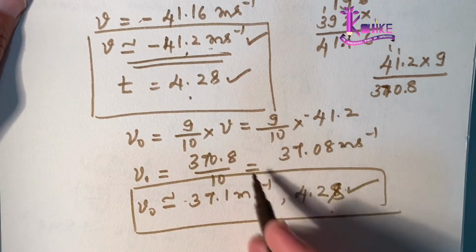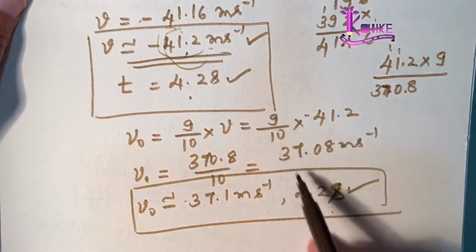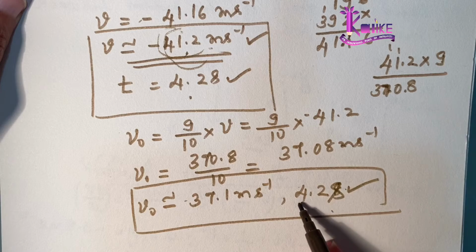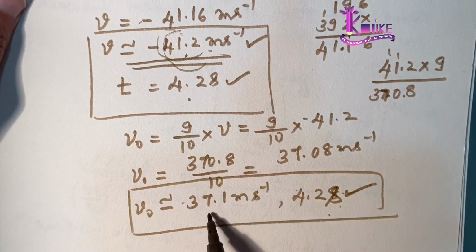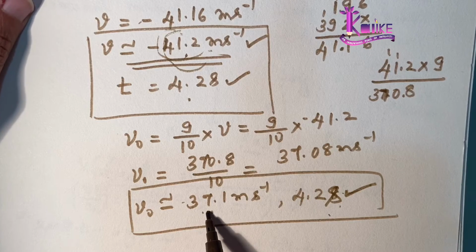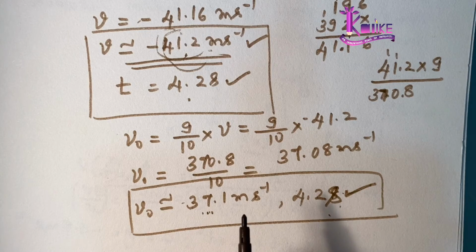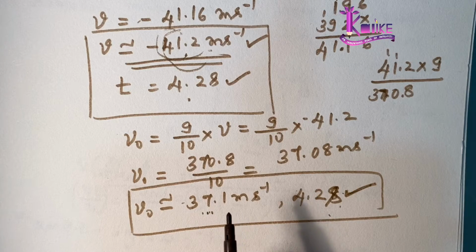So at 4.2 seconds it has 41.2 just before reaching the ground, and in a fraction of a second it rebounds, and the velocity loses 1/10 of its speed to gain an initial velocity of 37.1 meter per second, right? So now with this information you can calculate the time it takes to reach the maximum height.